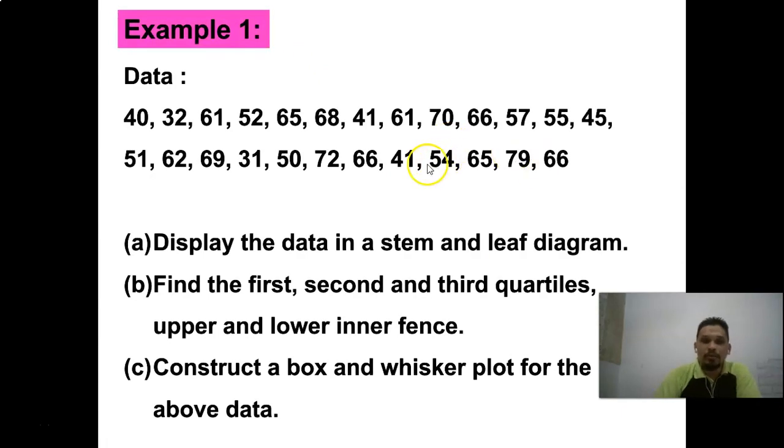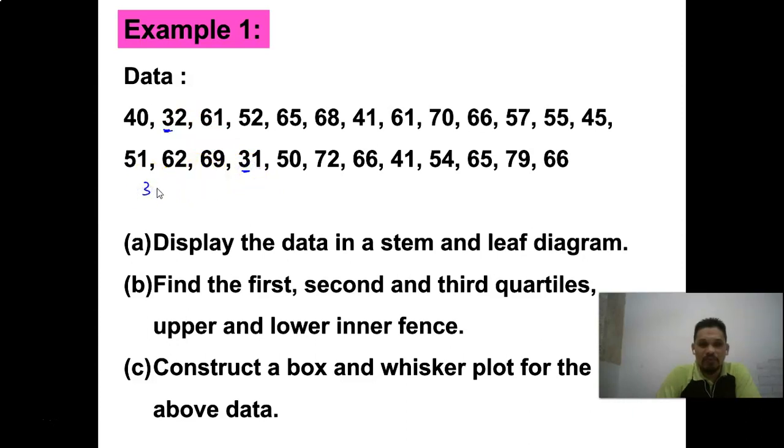So we are going to rearrange all these data from the lowest to the biggest one, the maximum. The smallest begins with 30 something. Is it 32? Oh no, there's 31 here.